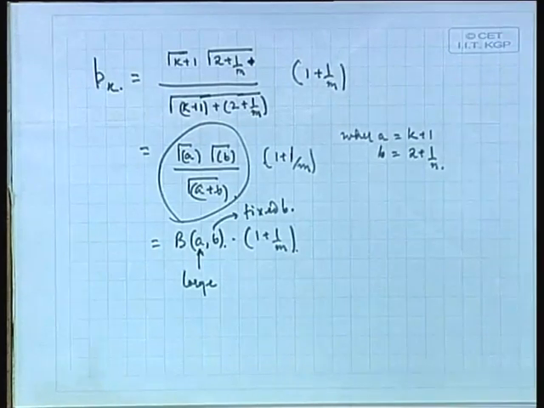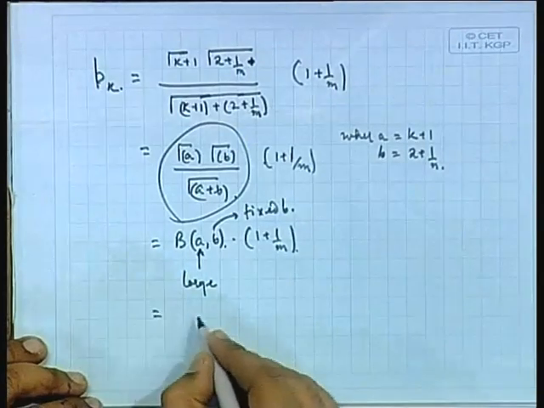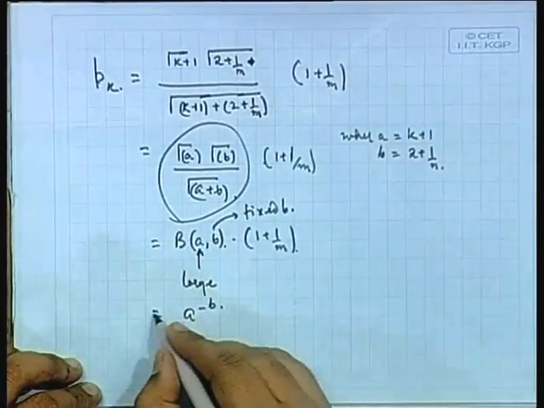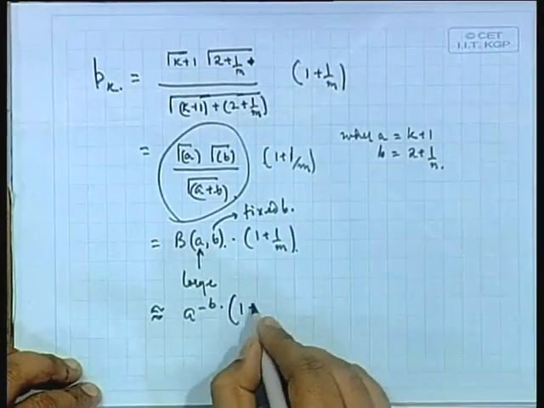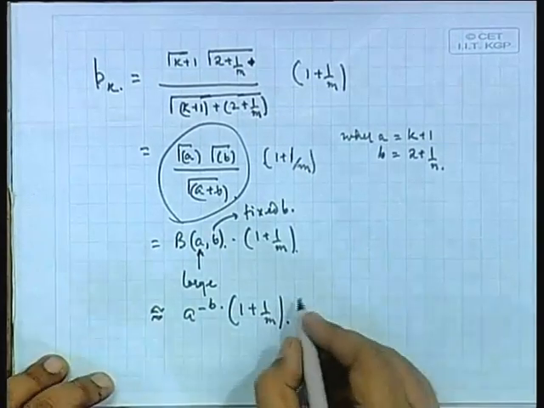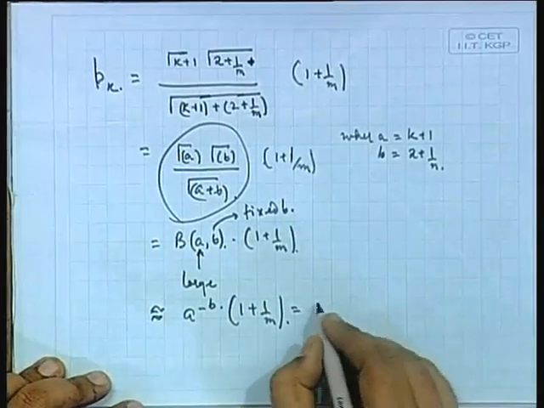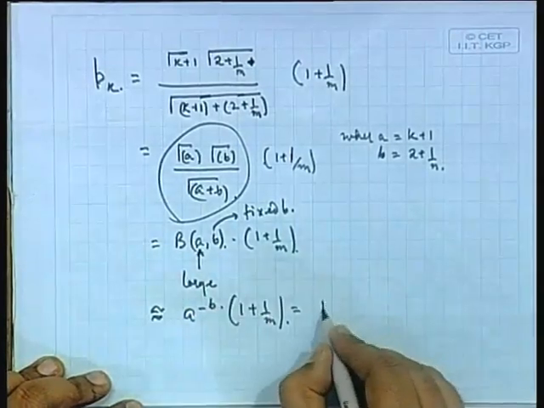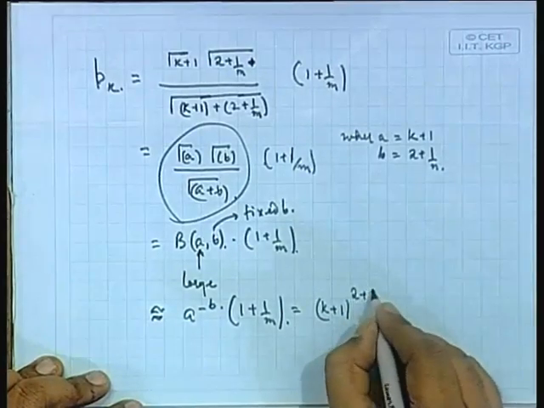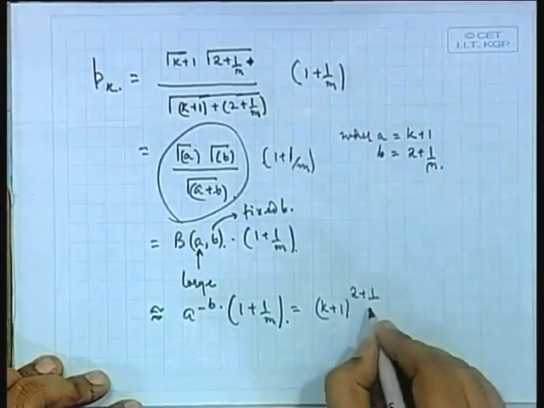Anyway, it behaves as A to the power minus B. So, this can be written approximately as A to the power minus B times 1 by 1 plus m. And that actually becomes what? What is A? k plus 1. So, into 2 plus 1 by m, sorry, 1 by m.